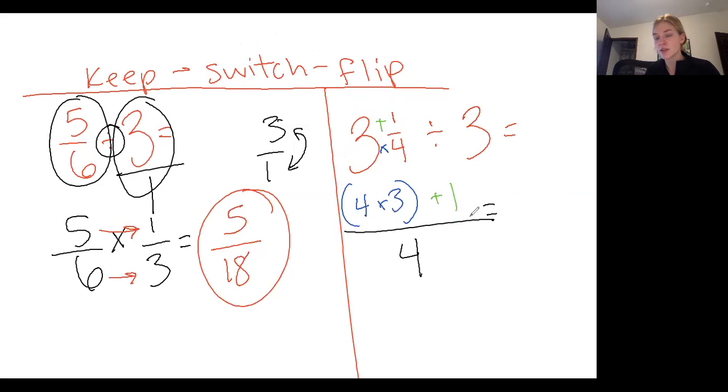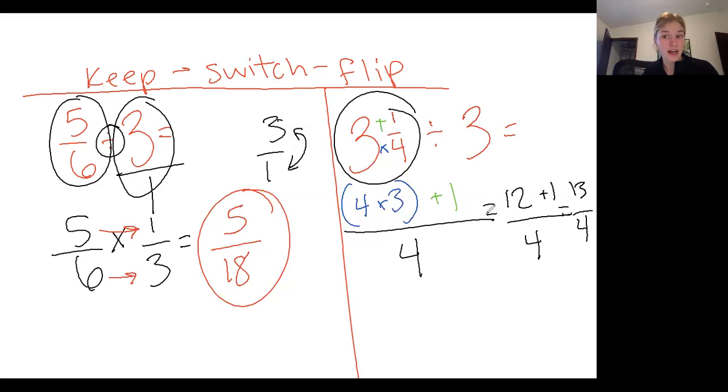So this is equal to, well, I know 4 times 3 is 12, plus 1 more over 4. Well, that's equal to 13/4. Okay, so now I've changed my mixed number or mixed fraction into an improper fraction. So now I have 13/4 divided by 3. And you can go ahead and solve as we have already practiced.